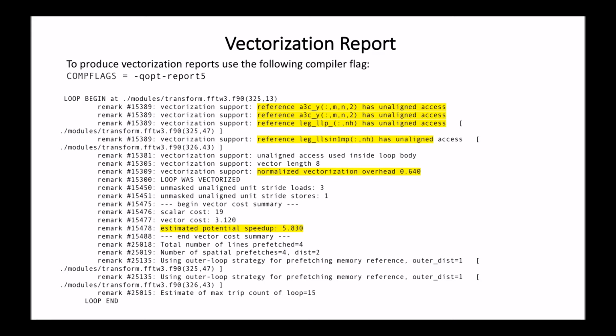If we look at transform.optrpt that was produced after recompiling this code, and we look for line 325, we can see that there are a number of references to memory locations which have unaligned access. And what that means is that the memory there can't be assumed to lie on a boundary which is a multiple of, well, in our case, 64 bits.